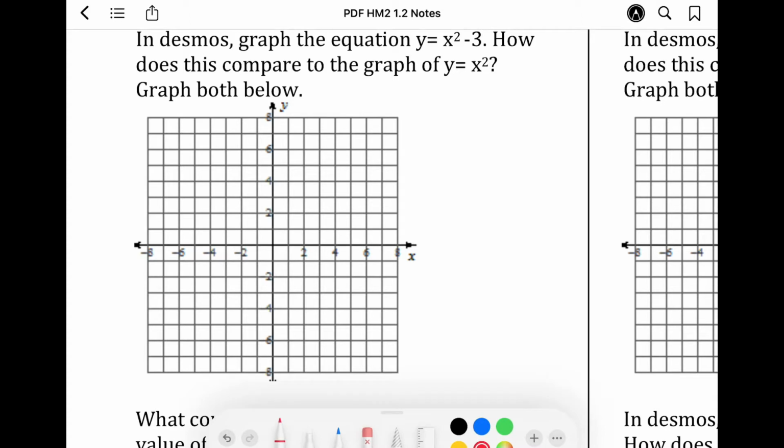So parent function is here. And then our new graph was here.